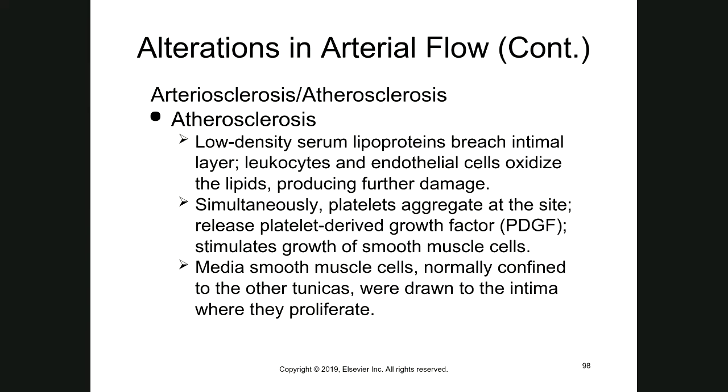Now, in atherosclerosis, be careful with this. We saw this one in class, and I explained a little bit about it. Low-density lipoproteins breach the intimal layer, and leukocytes and endothelial cells oxidize the lipid, producing further damage.